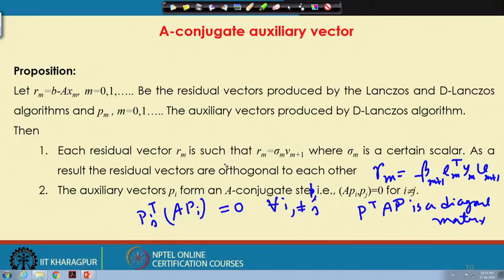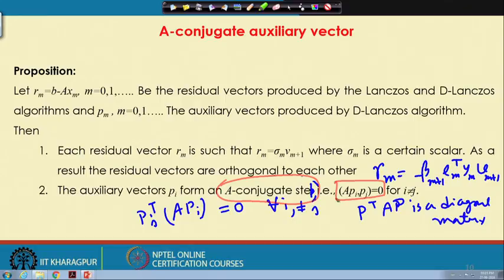So, this is called a conjugate set here. This is the A conjugacy, that A Pi dot Pj is equal to 0. We will show that it is actually coming to 0, or P transpose A P is a diagonal matrix. So, the P's are being utilized for deriving the recursive relation.